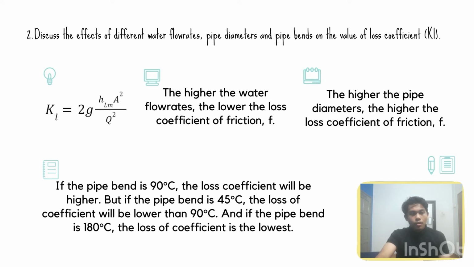And for the pipe bend, if the pipe bend is 90 degrees, the loss coefficient will be higher. But if the pipe bend is 45 degrees, the loss coefficient will be lower than for 90 degrees. And if the pipe bend is 180 degrees, which is a straight pipe, then the loss coefficient will be the lowest.